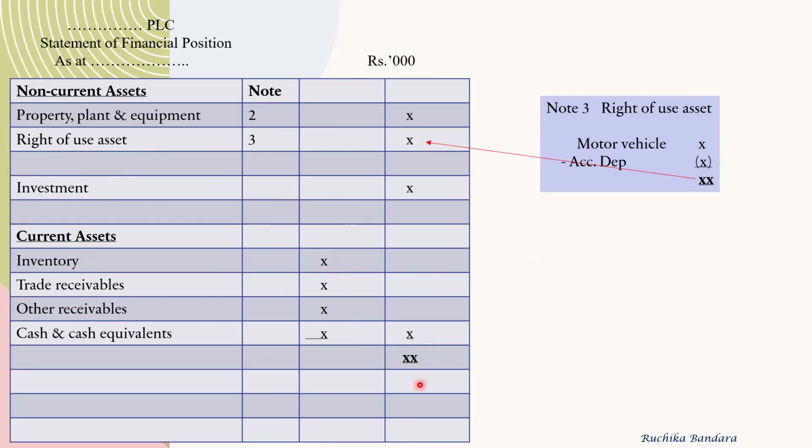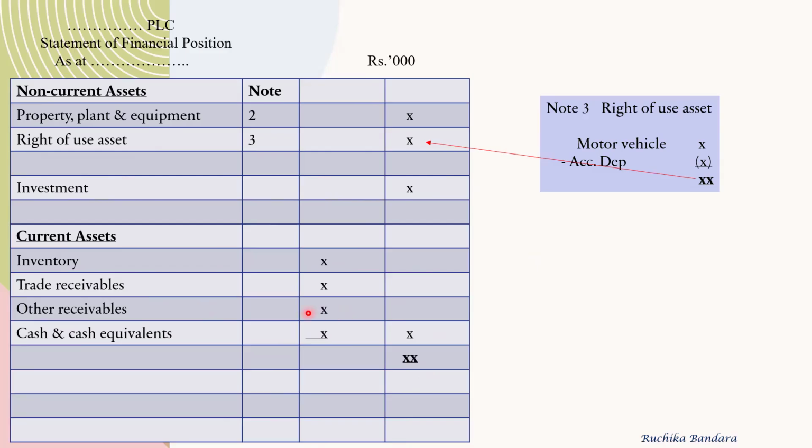Now, usually the main notes are profit before tax, property, plant, and equipment, right of use asset. But in a question, if you have so many other receivable entries, meaning prepayments and receivables together, in this format we don't write prepaid or receivable one by one. So we take the total amount.